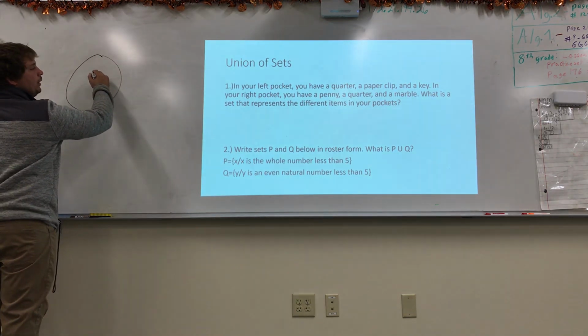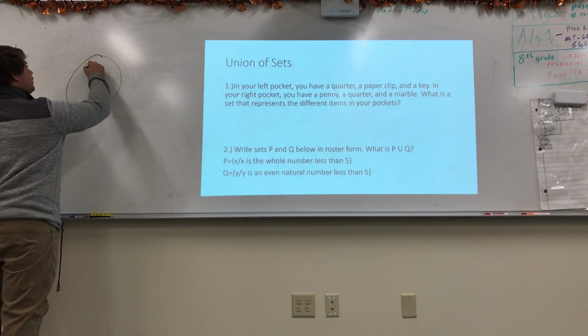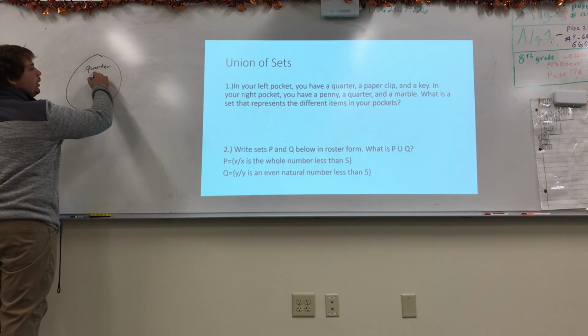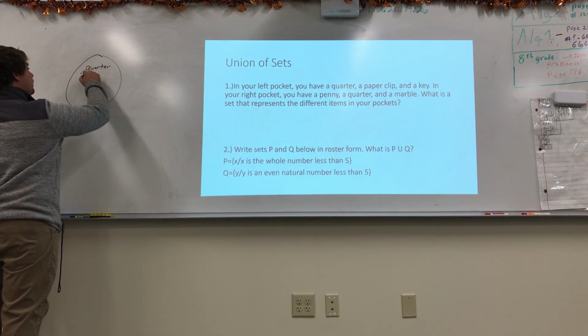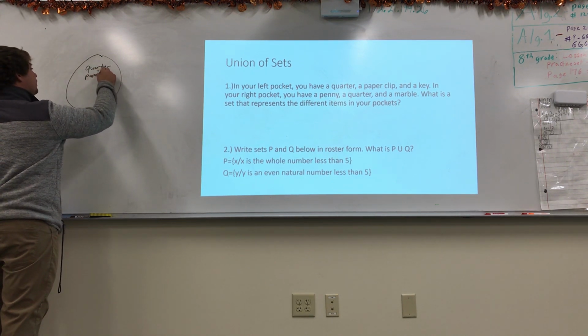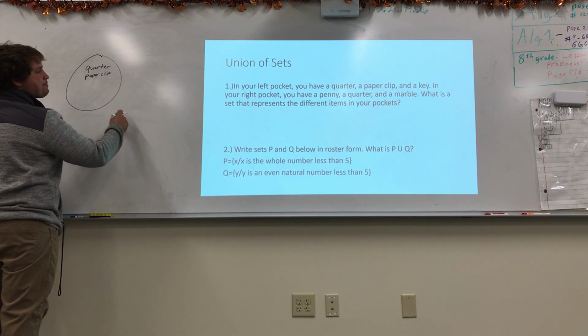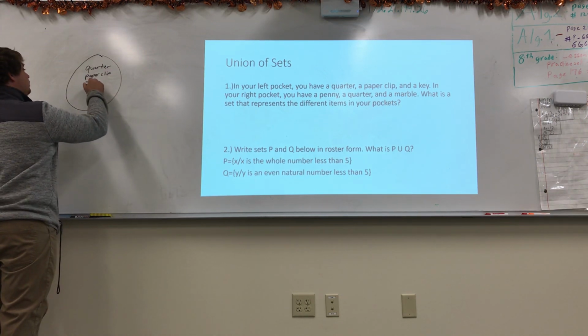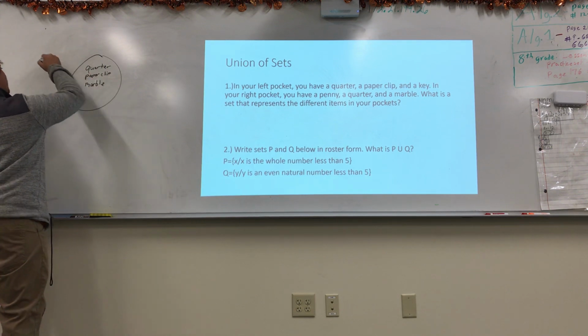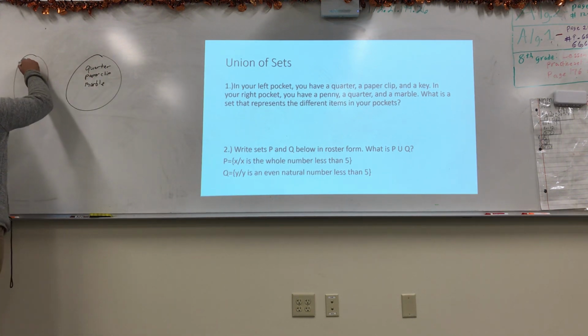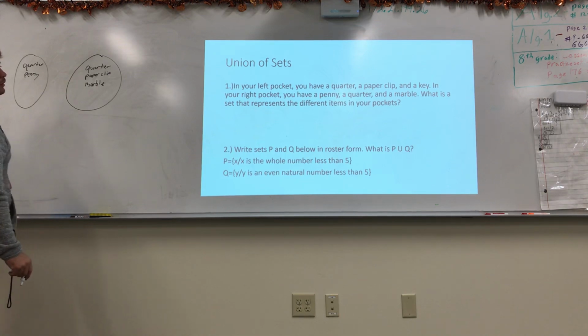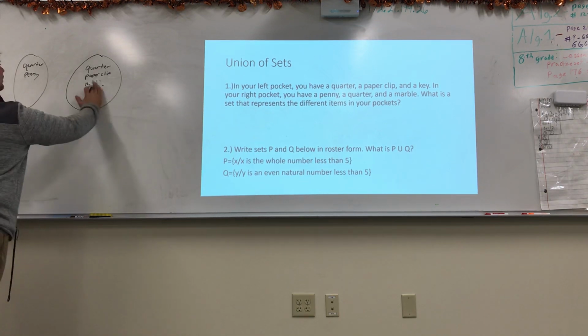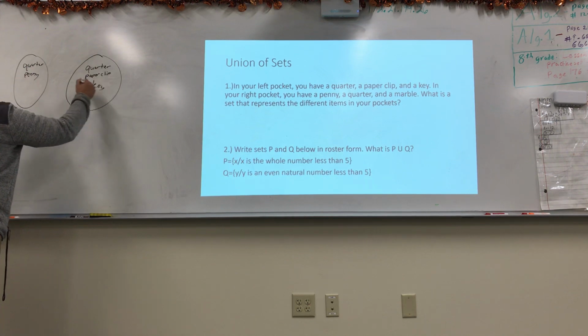You have a quarter, a paperclip, and a marble. Okay, in your right pocket, which is going to be over here, you have a quarter, penny, and, this one should have been key. This is key, this is marble.